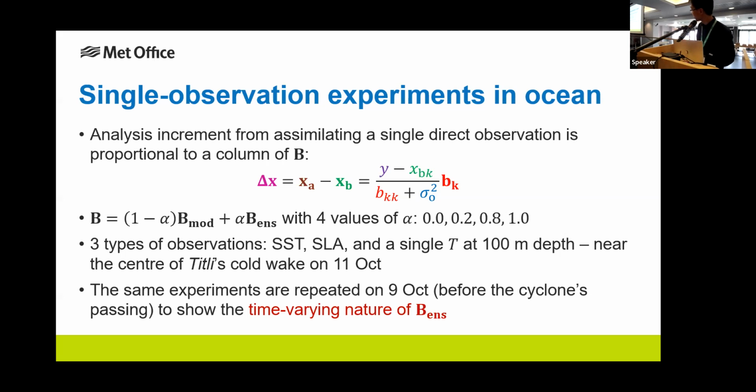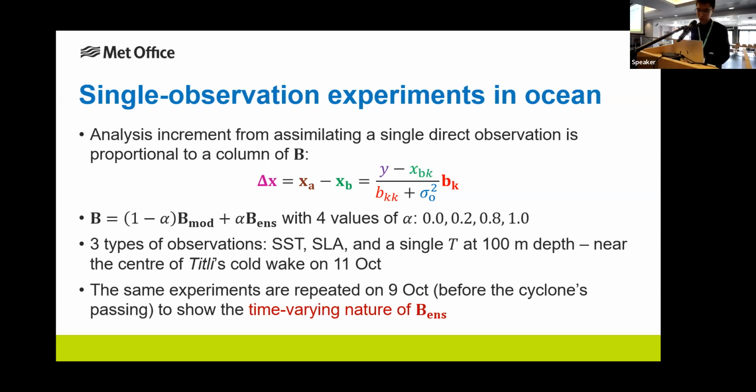I don't have much time to go through the notation here, but you can see that delta X, the analysis increment, is some scalar multiplied by BK, the column of the B matrix. So if we do a single observation experiment, we can reveal the structure of the background error covariance matrix.